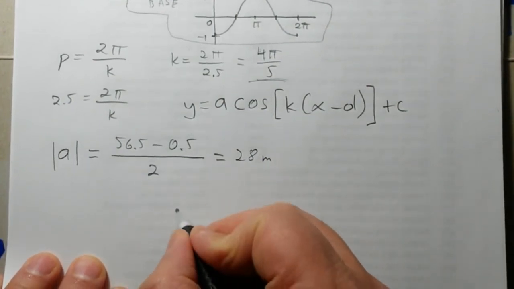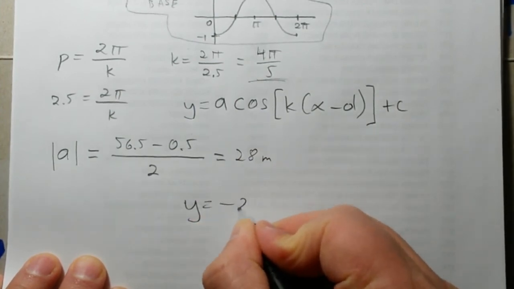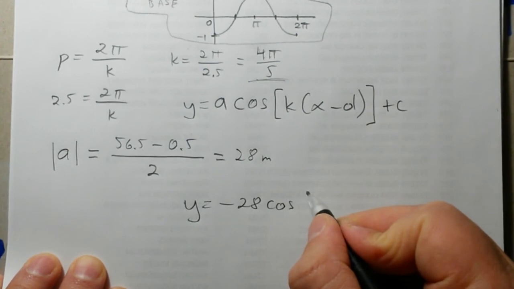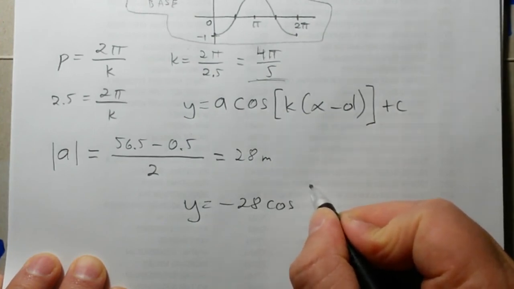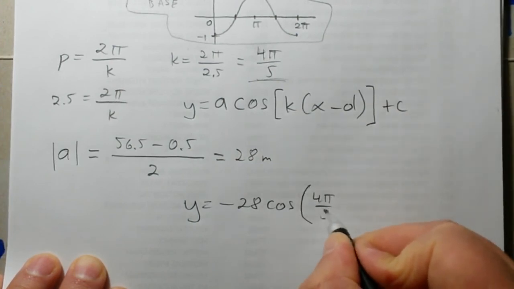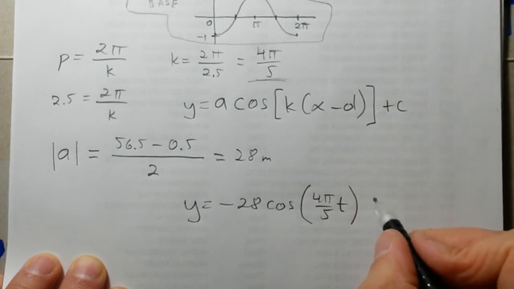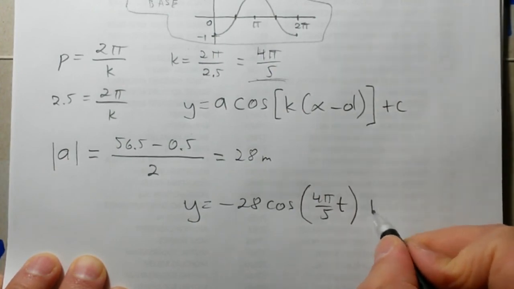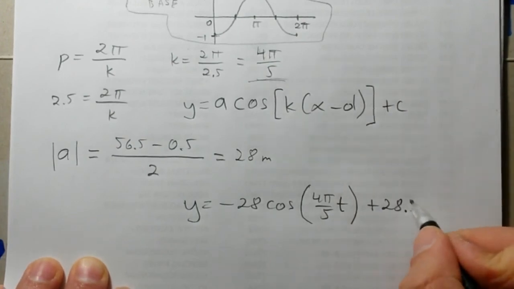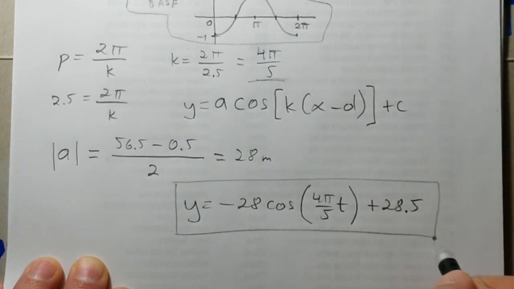So our equation will be y equals negative 28 cosine, open bracket, k value, which is 4 pi over 5 t, closed bracket, plus the equation of axis, which is plus 28.5. That's a sinusoidal function that represents this.